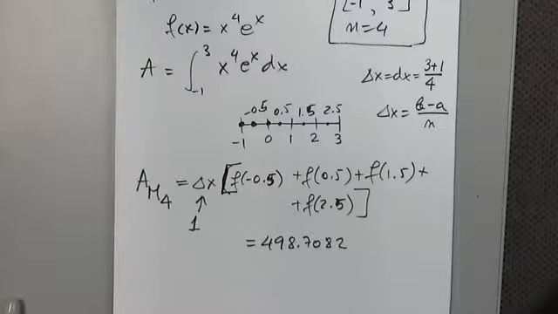Can you do it when you put it in L2? Yes. So when you go to stats and you go to edit, after you put in the x values, notice one other thing. I only considered x to the fourth times e to the x because delta x was 1.